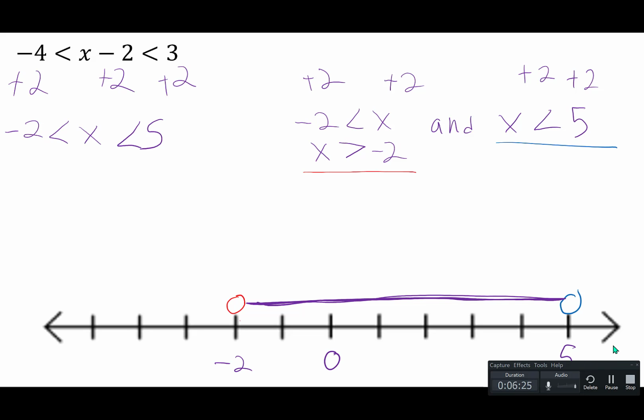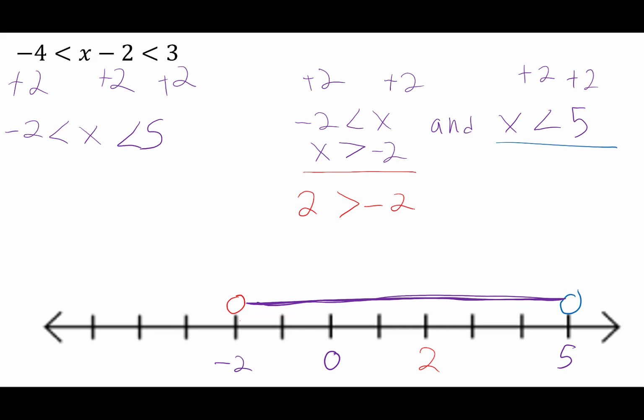Okay, so test this out by checking. I'm going to pick any number in between here, so we'll just go with 2. Okay, 2 is greater than -2, isn't it? And 2 is less than 5.